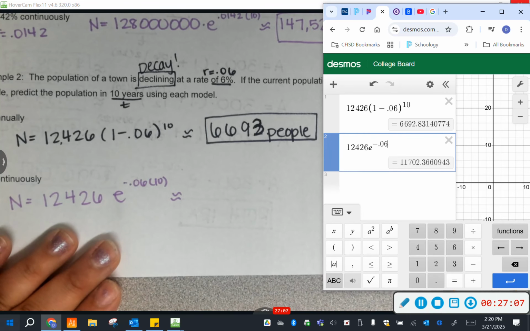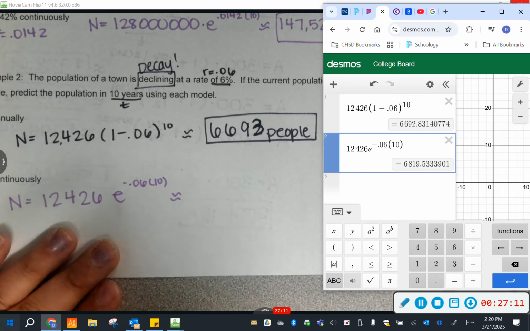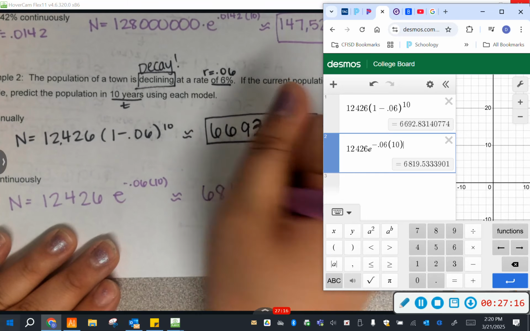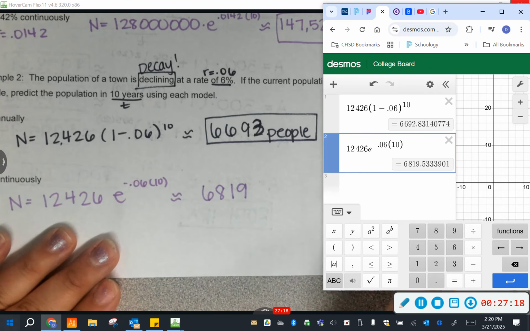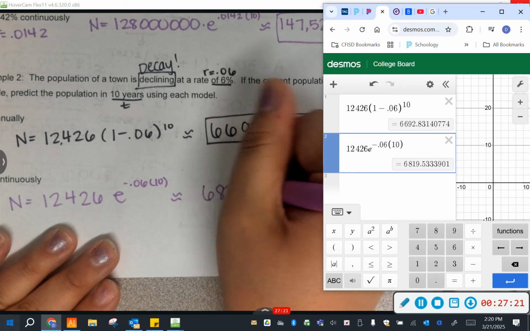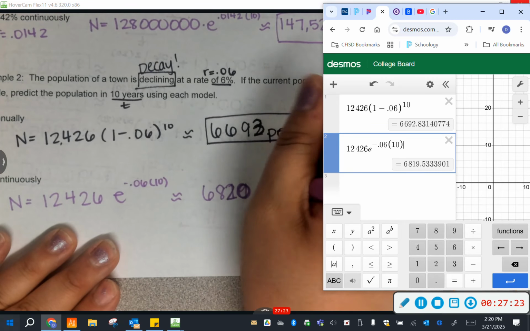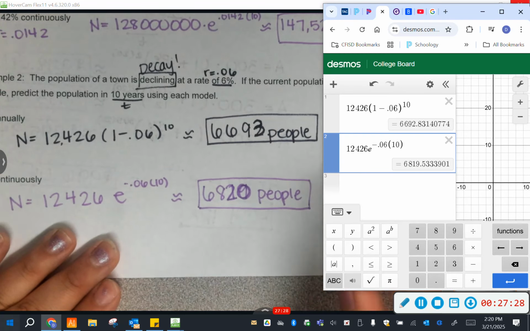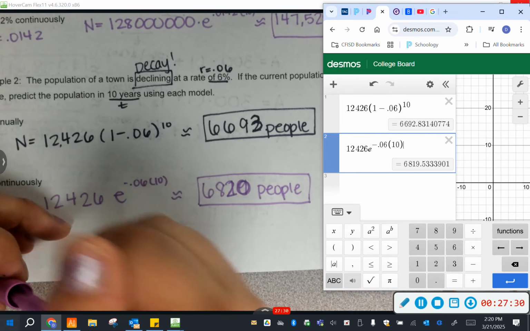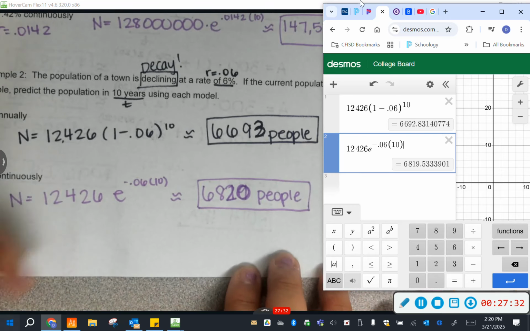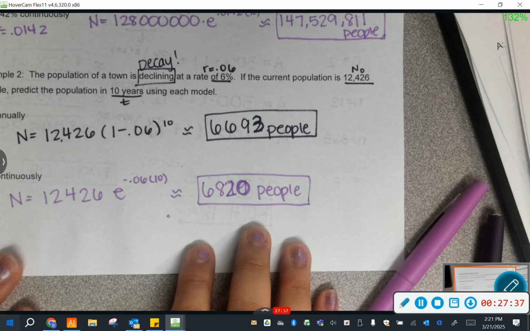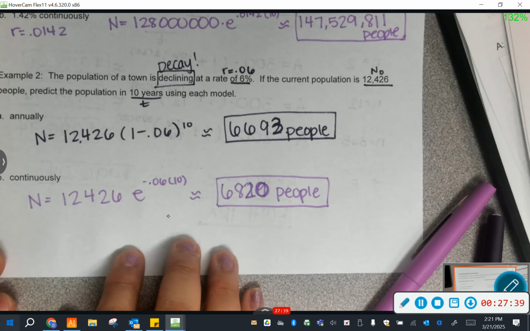Oh, nope, that's wrong. 20, 21. It's by 290. What's the other one then?